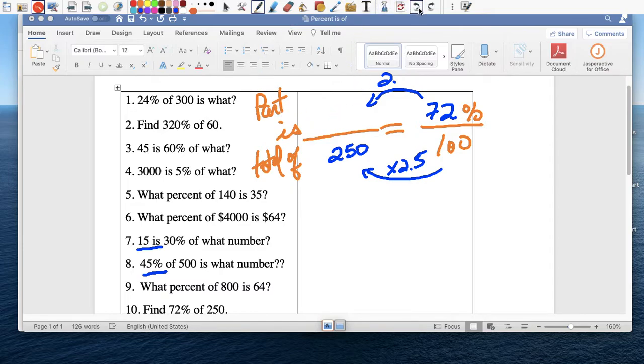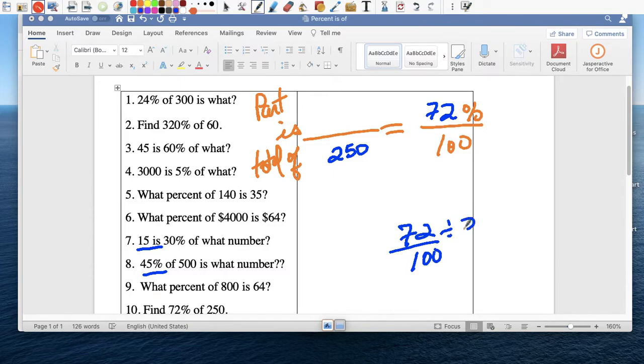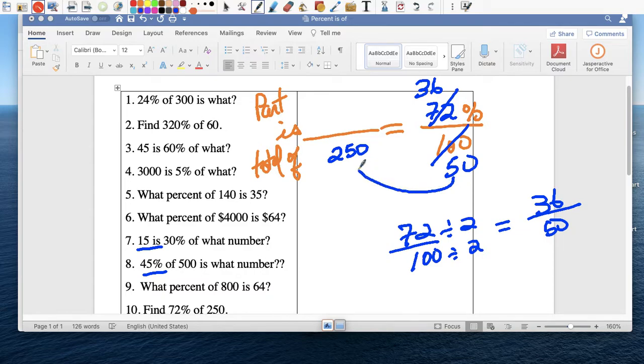Or you can simplify 72 over 100. Divide by 2, divide by 2. 72 divided by 2 is 36. 100 divided by 2 is 50. So you can change this to 36, change that to 50. Now, 50 multiplicado por cuánto is 250? Times 5. And here is times 5. So that would be 180.